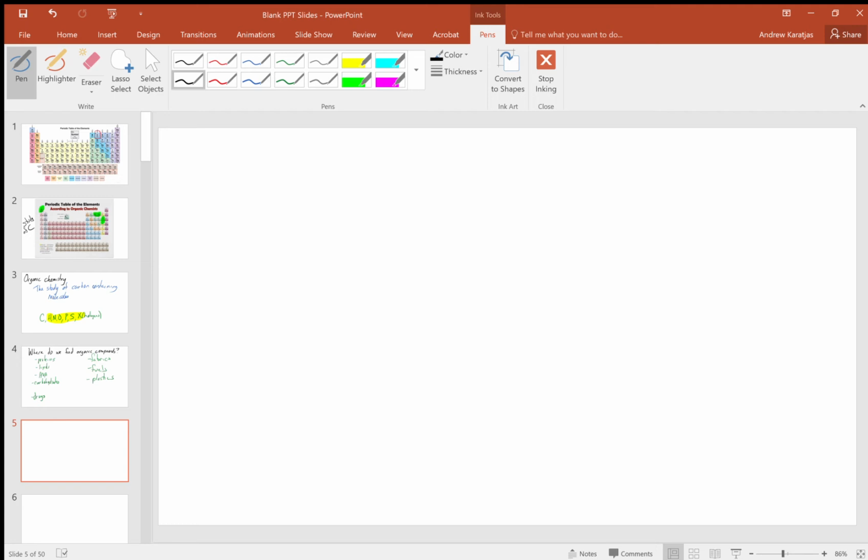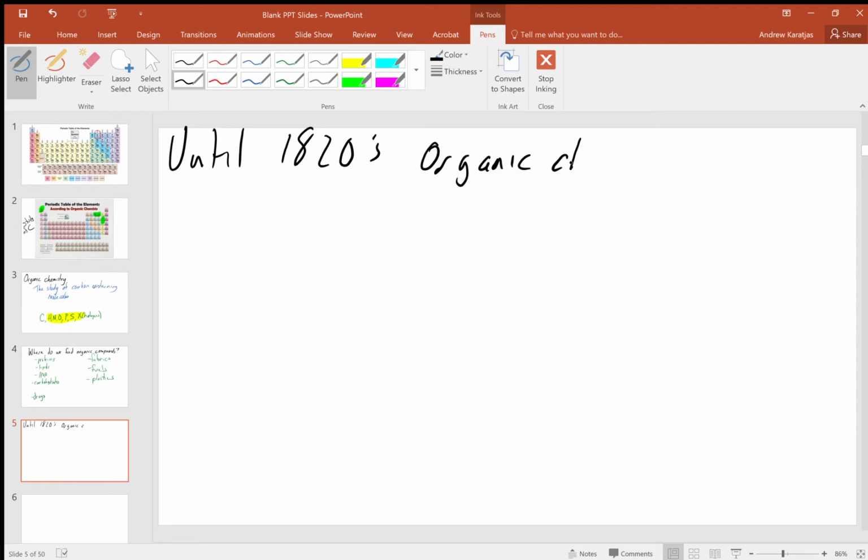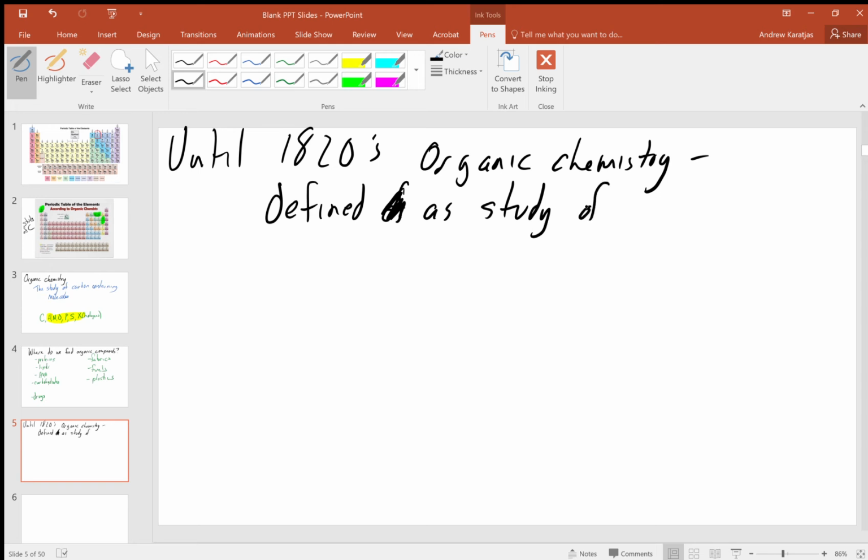And so until the 1820s, organic chemistry was defined as being the study of what they called living compounds, or compounds that contained a living force in them.